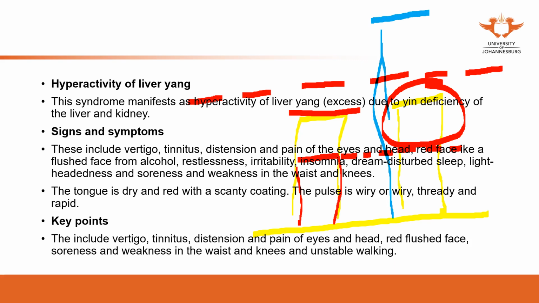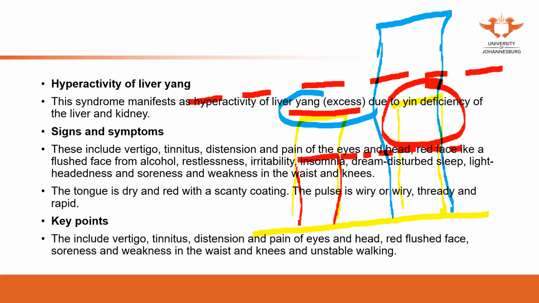There the yang is much more than the normal level. So you need to be careful with the term excess yang. The excess yang here is also deficiency, because this is a deficiency syndrome.